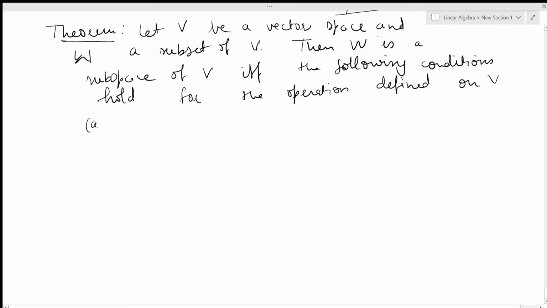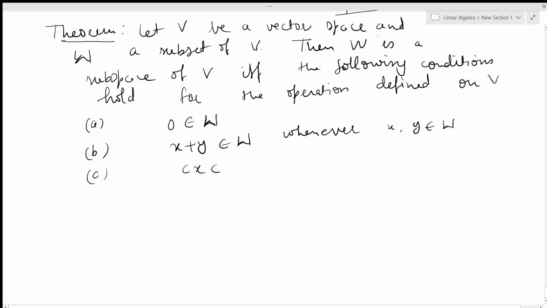Just write down these conditions. The first one: 0 belongs to W. That means for a subspace there exists a 0 element in W. Now the B part, additive closed with respect to addition, that is x plus y, or you can say vector addition: x plus y belongs to W whenever x and y belong to W. Now the third one, scalar multiplication, that is Cx belongs to W when C belongs to the field F and x belongs to W. So these conditions you have to satisfy.